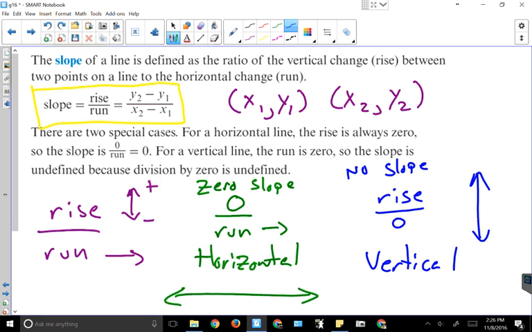And sometimes they say it's an undefined slope, depending upon which book that you're taking a look at, which author you're dealing with at the time. But no slope or undefined slope, those are going to be the 2 things that will be identified. Fairly easy stuff. So like I said, you've seen this stuff before. So, anybody need a little more time to finish writing?